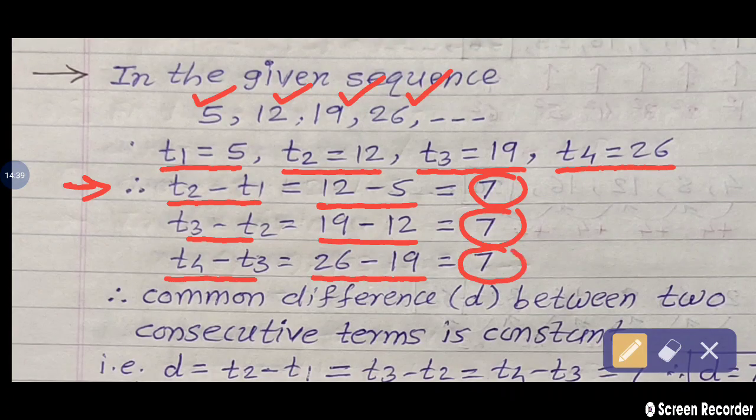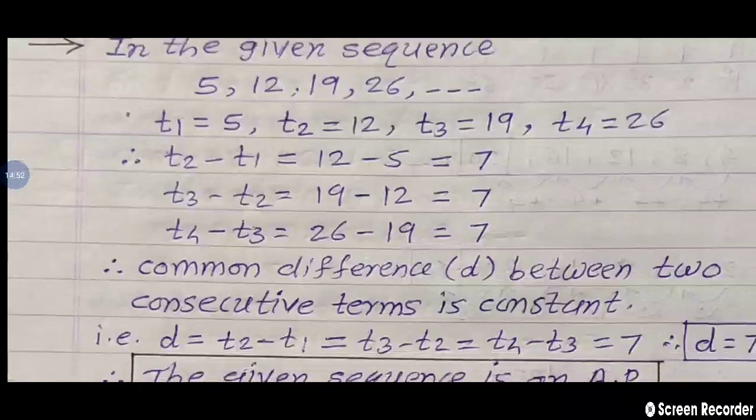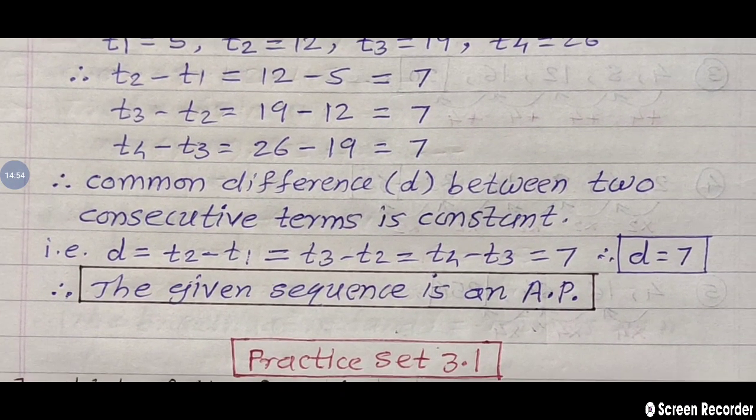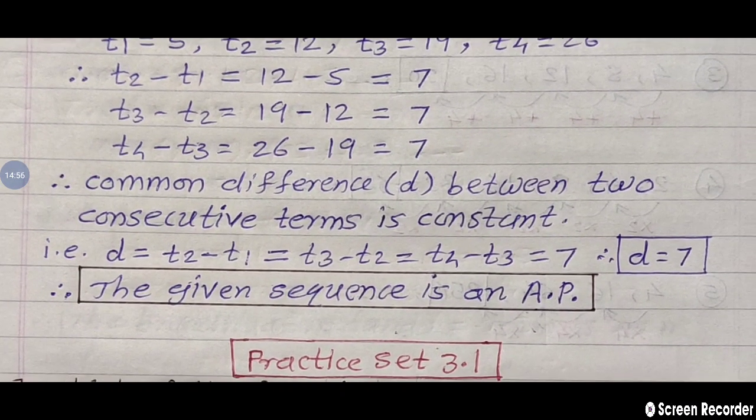Again we obtain the answer 7. So in this given sequence, the difference between the consecutive terms is the same, that is 7 in all, and therefore we write in this way. Final answer.